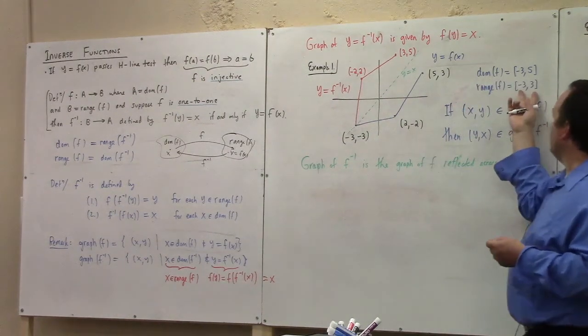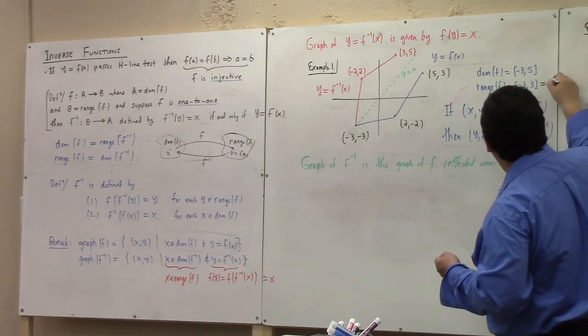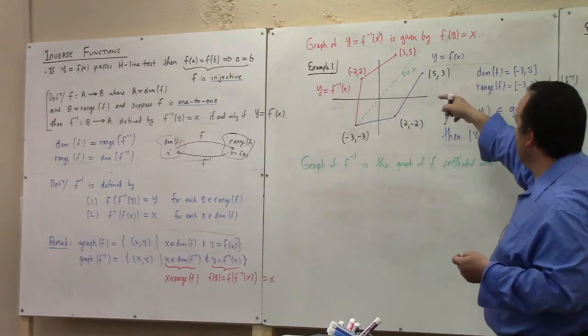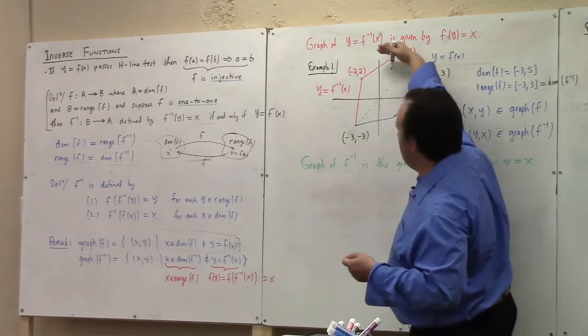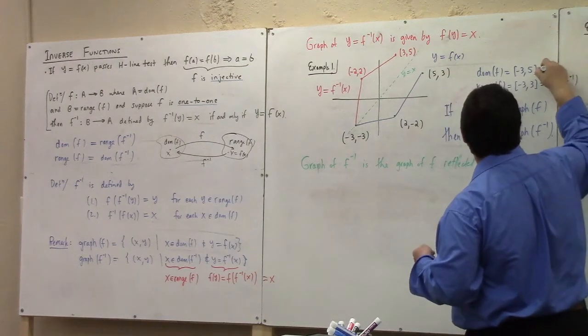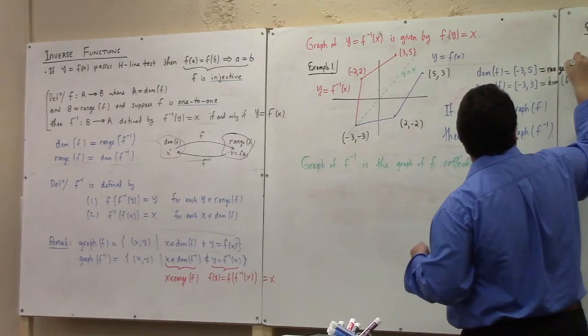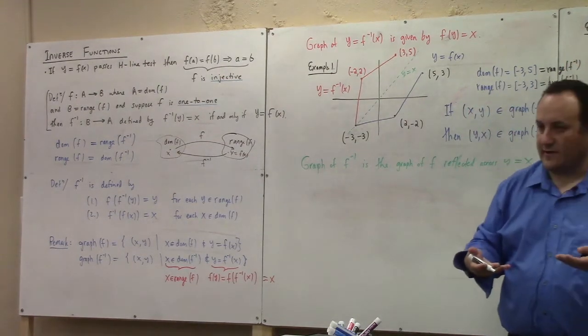That was the range of the function, right? And how about the range of the inverse function? It went from minus 3 all the way up to 5, right? So those are a couple of good gut checks to see if you're doing this kind of problem, right? You can check on this.